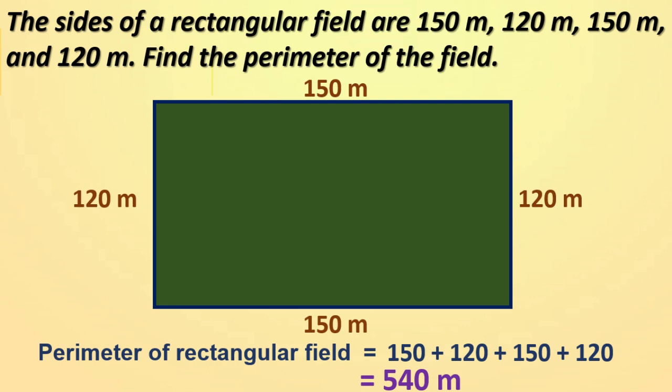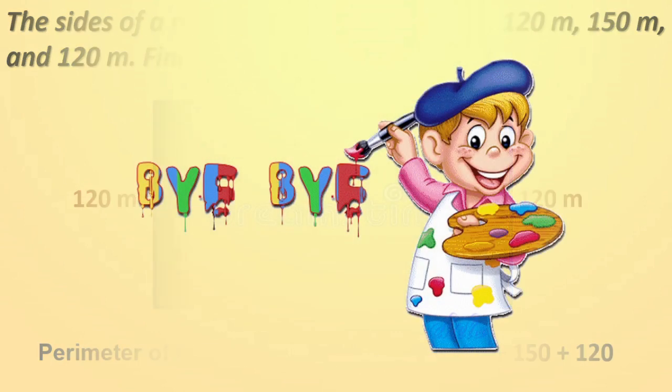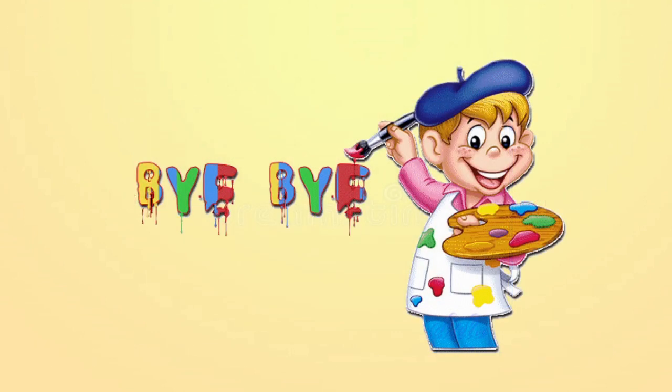That is 540 meter. Yes, dear children, I hope you understood about the perimeter properly, isn't it? Now you are capable of finding out the perimeter of any given shape, isn't it?